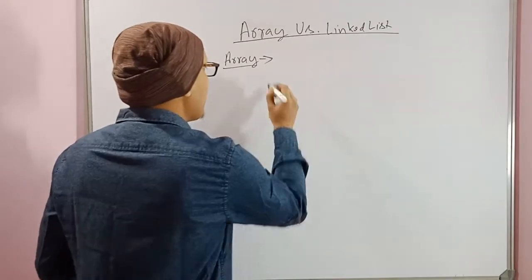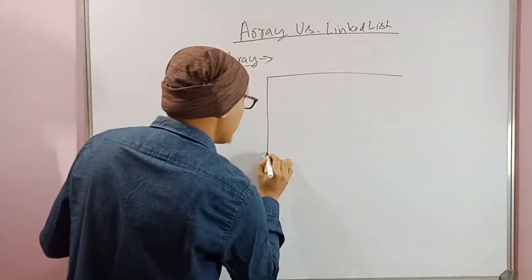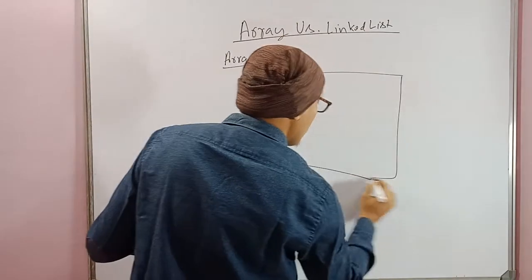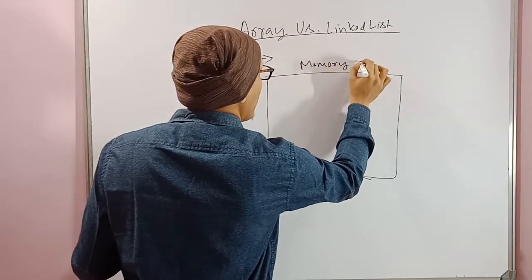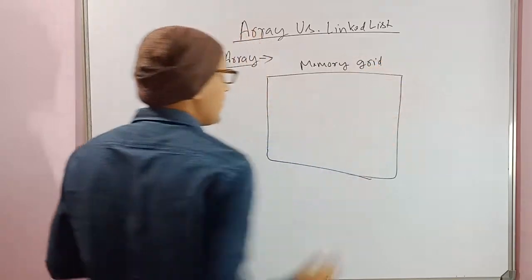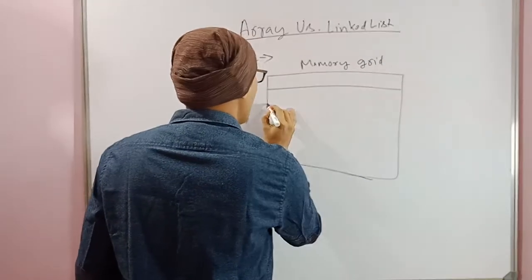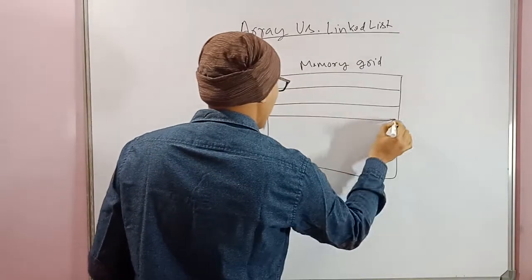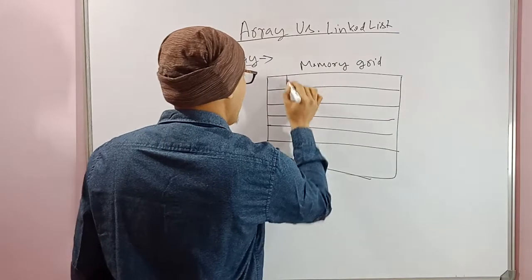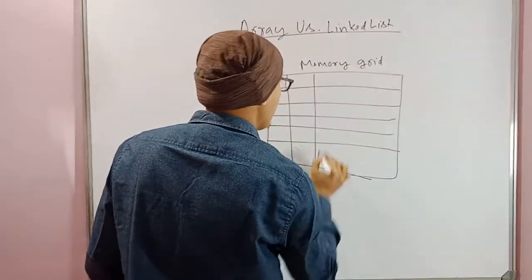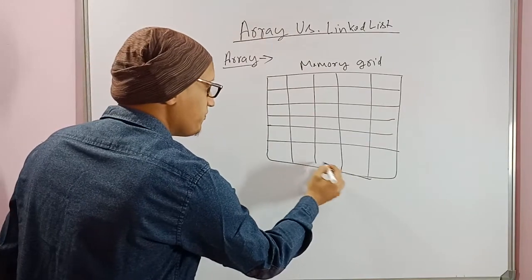When we talk about array, we always say it is a contiguous memory location. Suppose this is our memory grid.